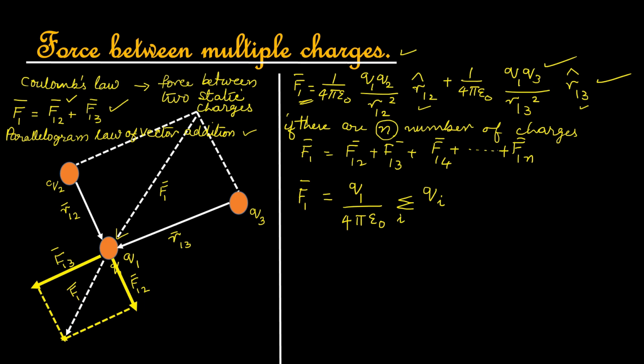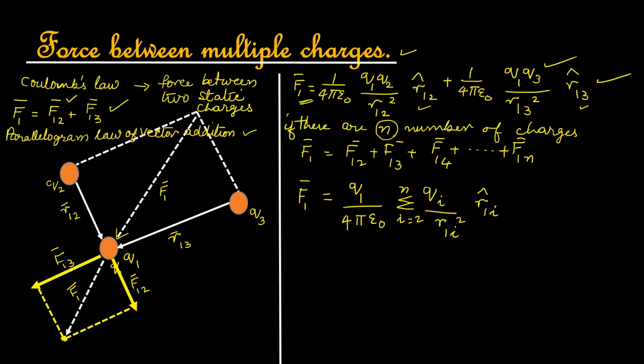All these charges are represented as Qi. I is from 2 to n. It is represented in this manner by R1I raised to 2 into R1I cap. I hope it is quite clear.